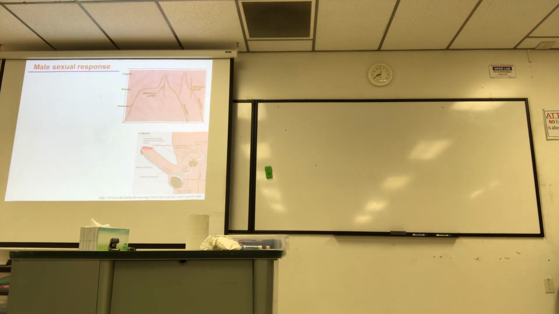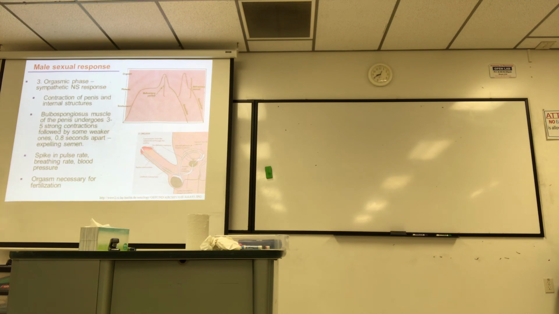Okay. The male sexual response, when you get to the plateau phase, everything's erect. The fluid you might see at the tip of the penis comes from the bulbourethral gland, clearing out any trace of urine in the urethra. In orgasm, the physiology is contraction of the penis and internal structures like the bulbospongiosus.